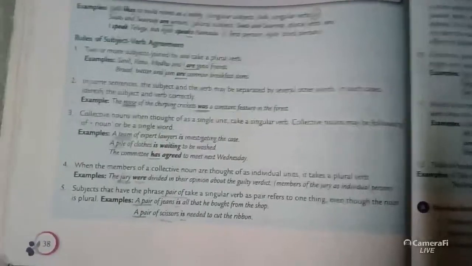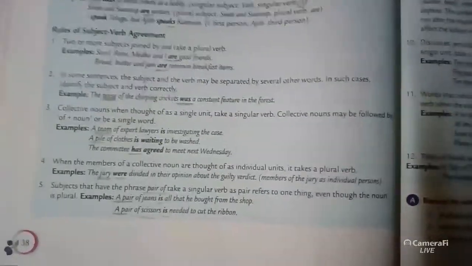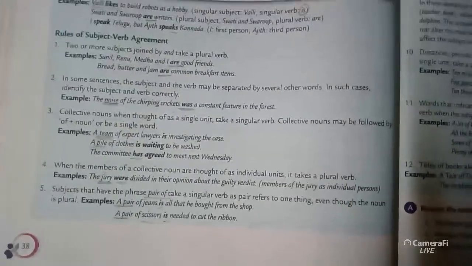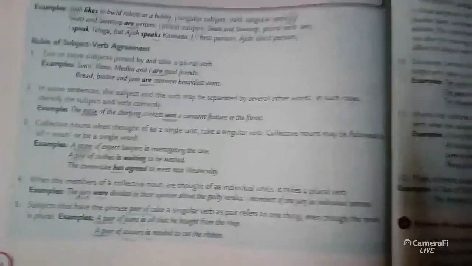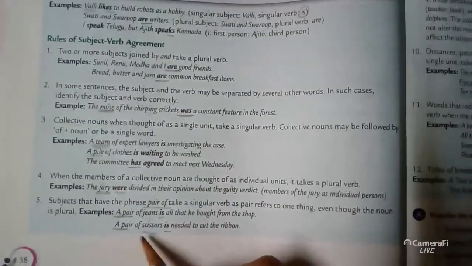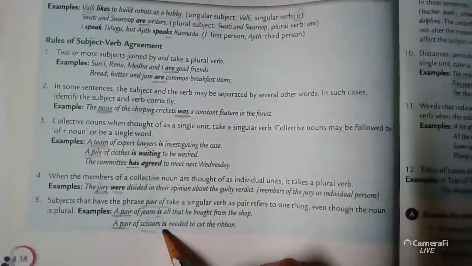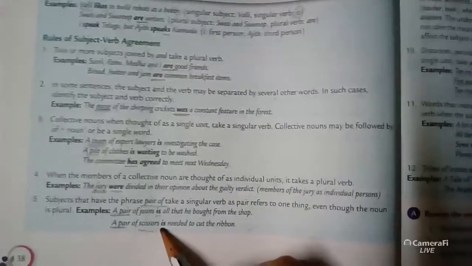About spectacles, we also say a pair of spectacles, a pair of goggles, where pair is necessary, so it can be used as a singular noun and use a singular verb.